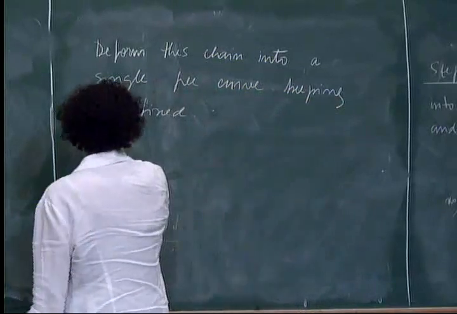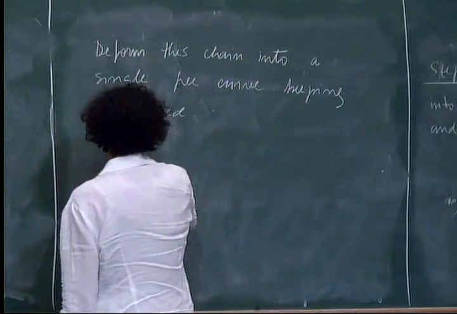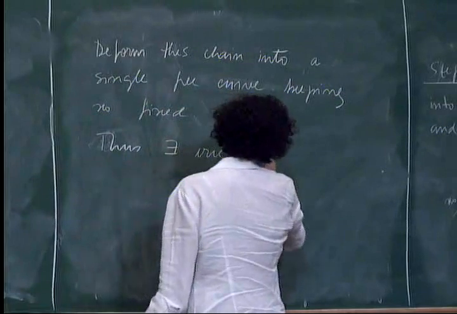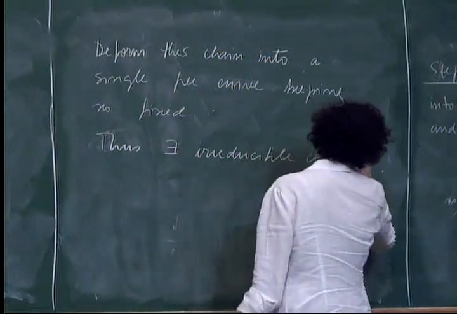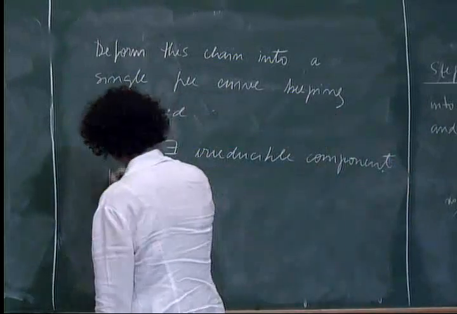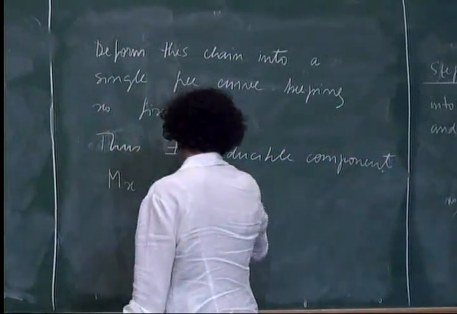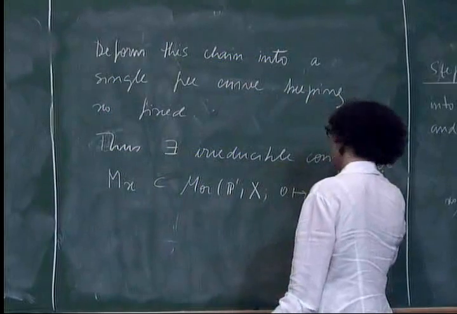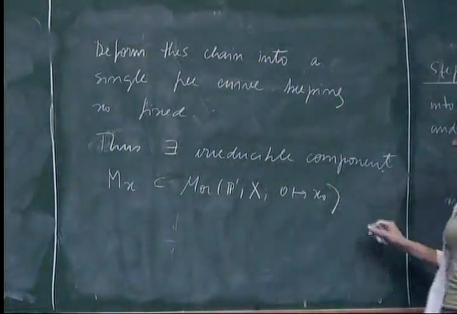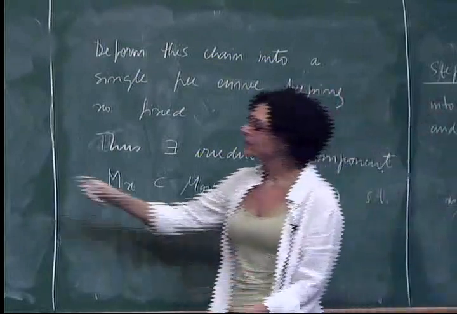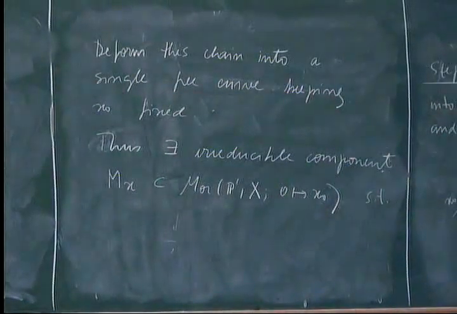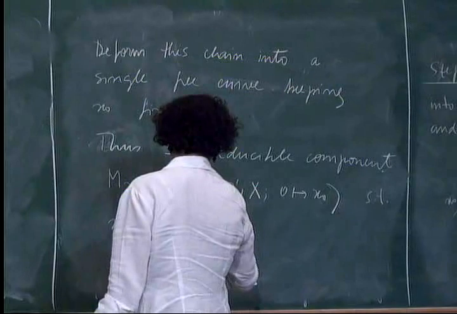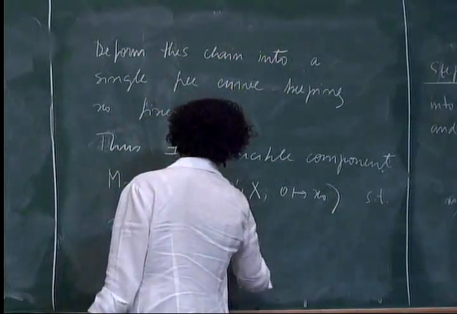But then that means that we can find an irreducible component, let me call it Mx, in the space of morphisms from P1 to X that sends 0 to x naught, with the property that this point x is in the closure of the evaluation map, such that x is in the closure of f of Mx cross P1.